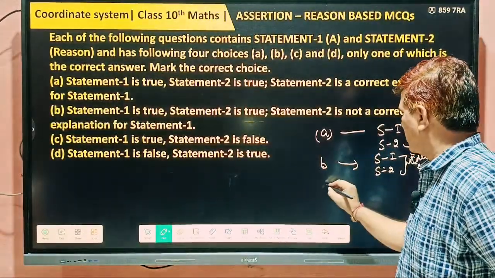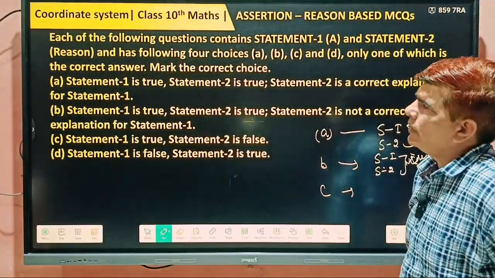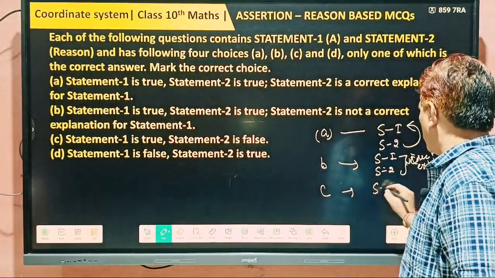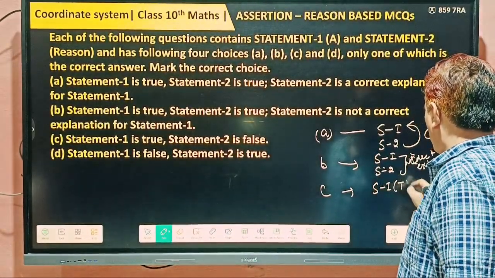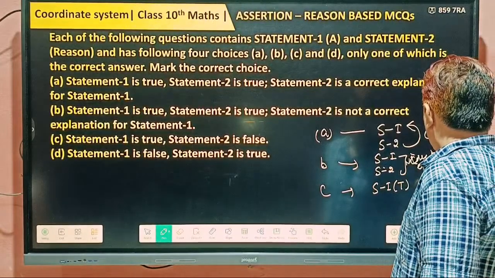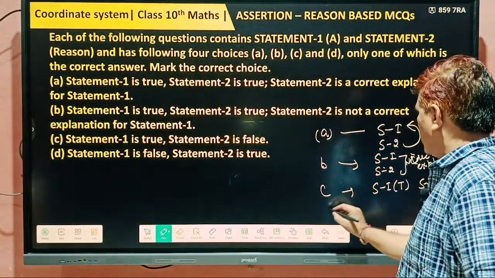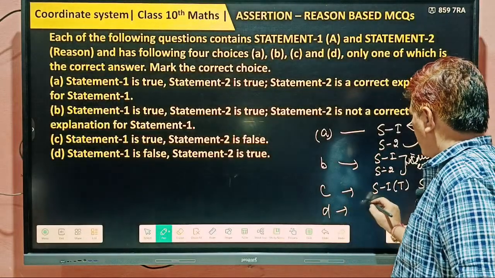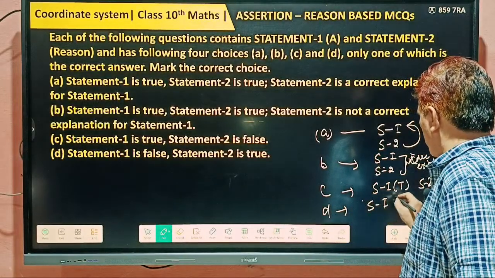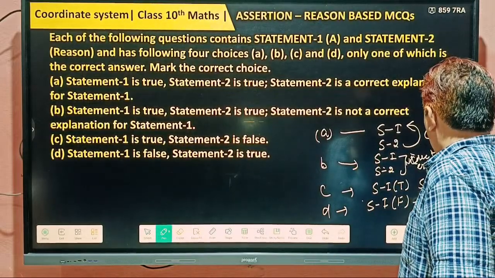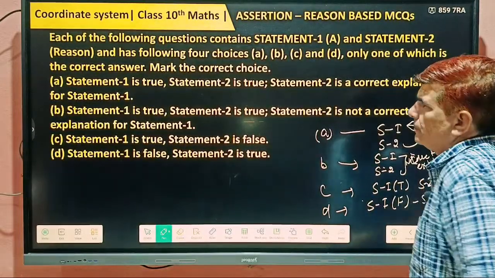Third one, C is your answer when statement S1 is true and statement S2 is false. D is your answer when statement S1 is false and statement S2 is true.